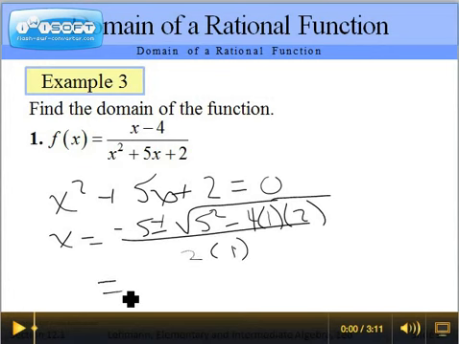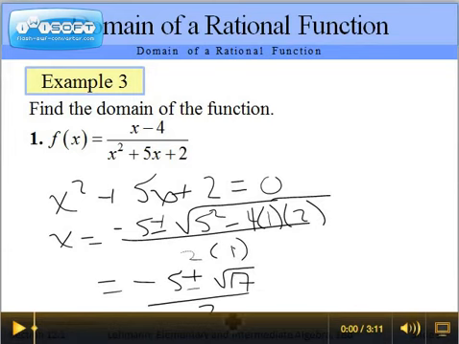So x is equal to negative 5 plus or minus the square root of 17 over 2. So the domain of f is the set of real numbers except negative 5 minus the square root of 17 over 2 and negative 5 plus the square root of 17 over 2.